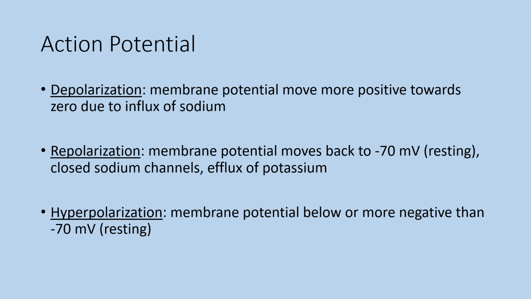If it's at minus 70, you're going to move it towards zero because you're trying to go to more positive. How is this happening? Because you have an influx of sodium. Sodium is pouring in. Sodium has a positive charge. So if the inside's negative and you have all this positive charge coming in, you're going to see a shift, and it's going to be shifting towards more positive. That's depolarization.